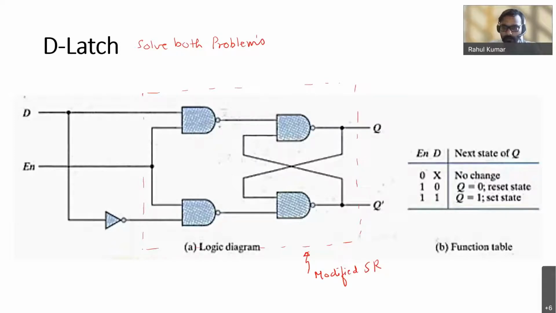Along with that, we have connected the two inputs together, and now we have only a single input. Along with that you have your enable. Now we are calling it the enable pin, EN. Okay, so one of the inputs is connected through a NOT gate.